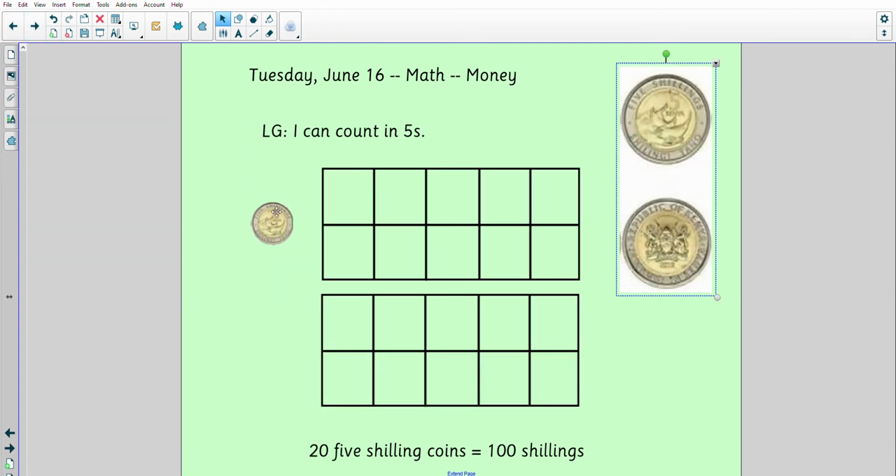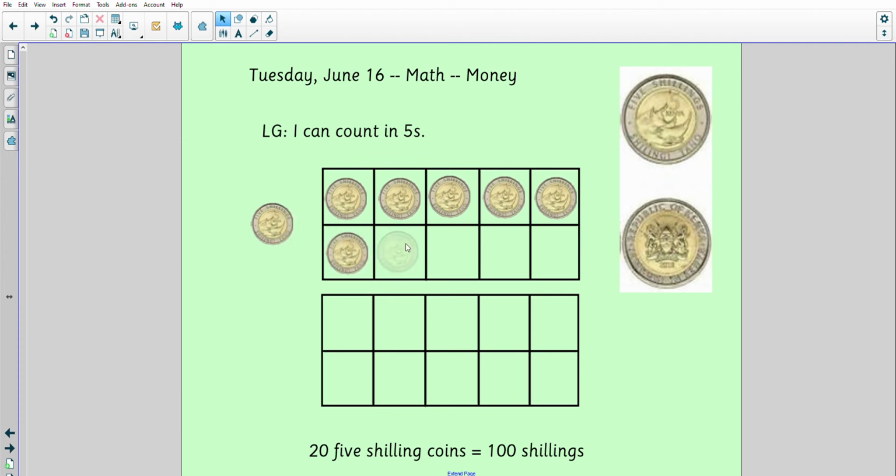Now, let's move on to 5 shilling coins. Again, this coin has a rhinoceros on the front, and it has the Kenyan coat of arms and Republic of Kenya on the back. Let's practice counting in 5s. Will you count with me? 5, 10, 15, 20, 25, 30, 35, 40, 45, 50.